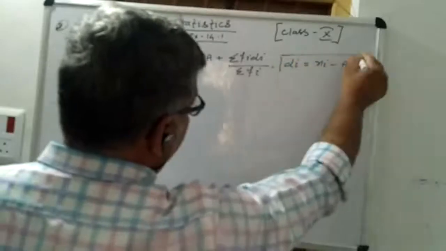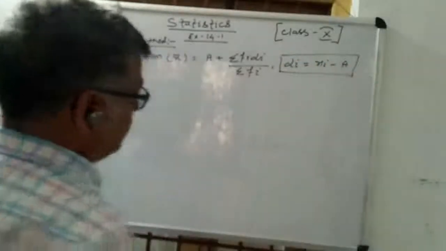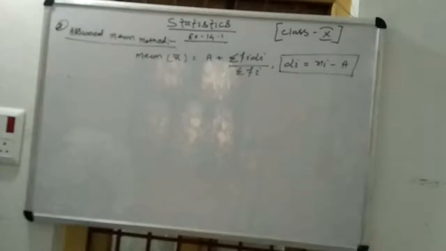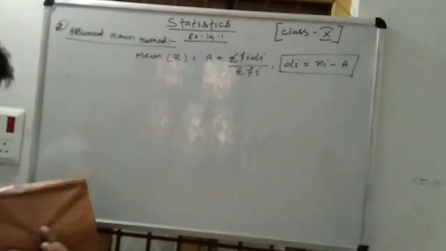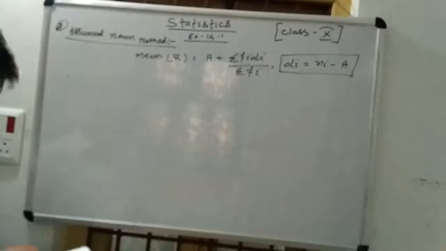This is the value of di. You should always remember which value represents what. So I am going to do the second question with this method.